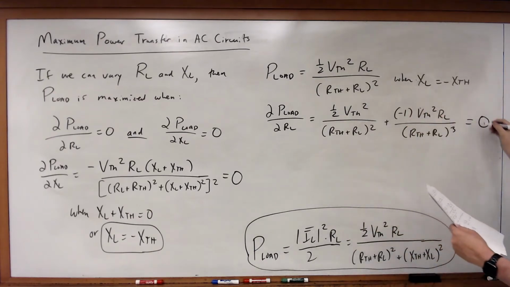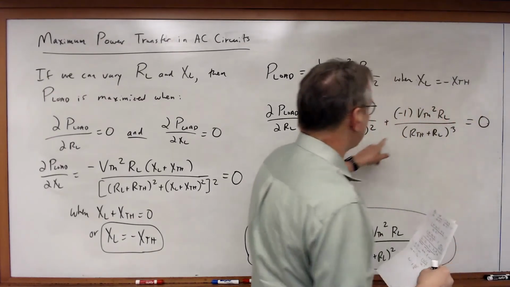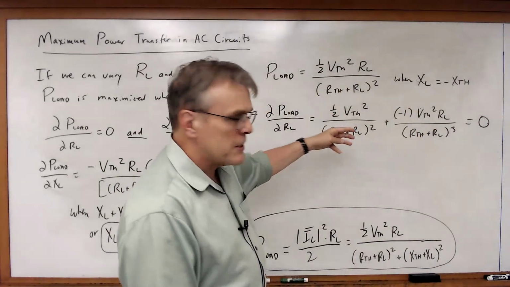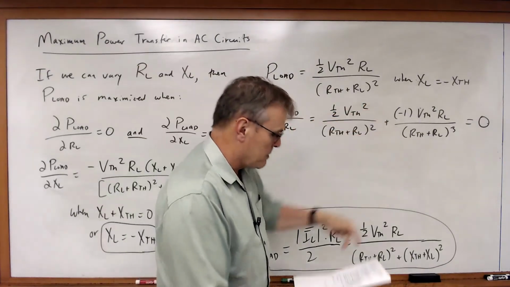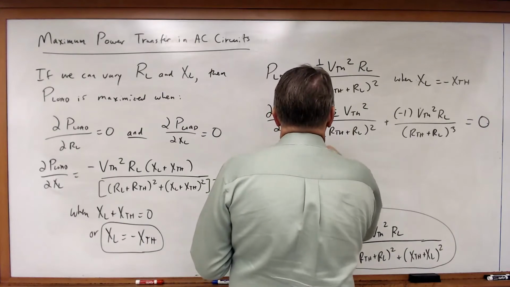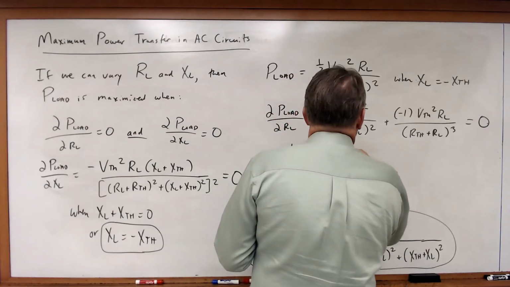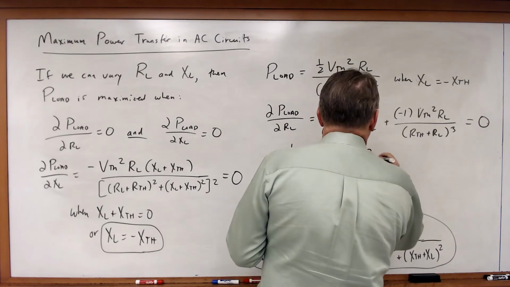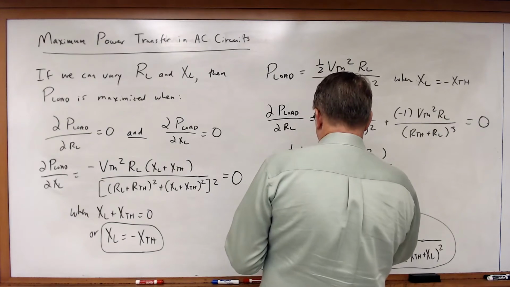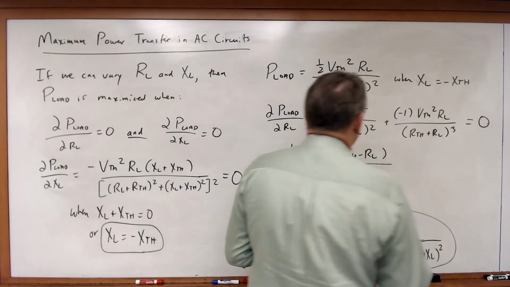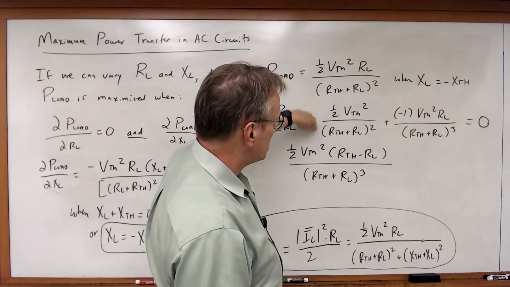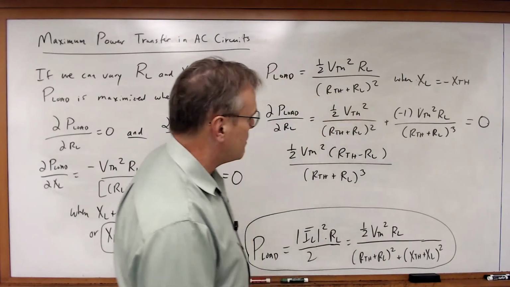And once again, we want to make that equal to 0. So what do we need to do? Well, if we combine terms, and I'm going to skip a couple of algebra steps, we'll get 1/2 VTH squared times (RTH minus RL) divided by (RTH plus RL) cubed. All I did was multiply top and bottom of this function by RTH plus RL and then combine the numerators together.